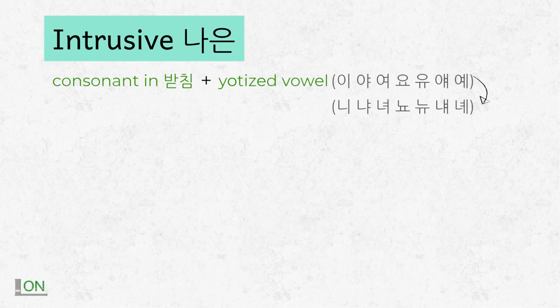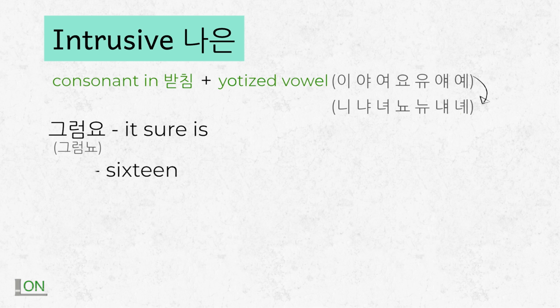For example, 그럼요, it sure is. The word for succeed is kind of tricky. If we didn't know all these rules, we would pronounce it as shibuk. But let's break it down. 여 here is a yodized vowel, so it must be changed into nyeo. So it'll be something like shipnyeok.